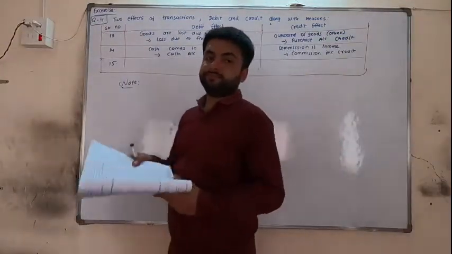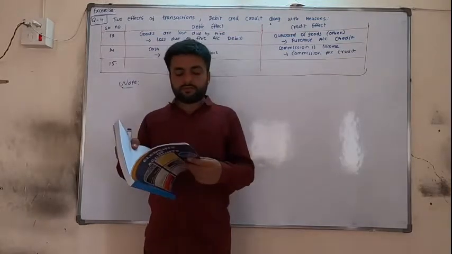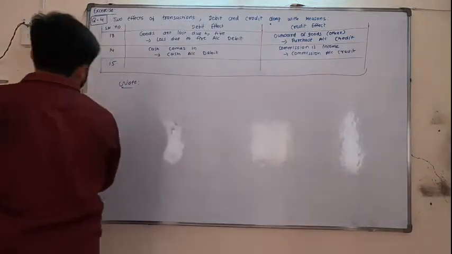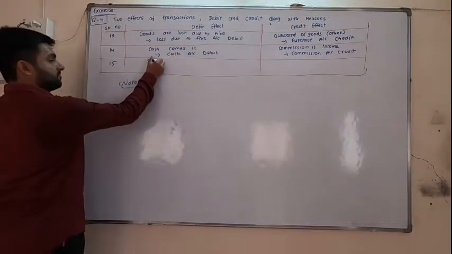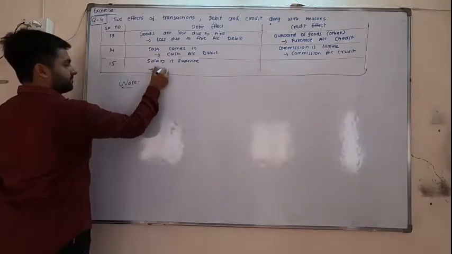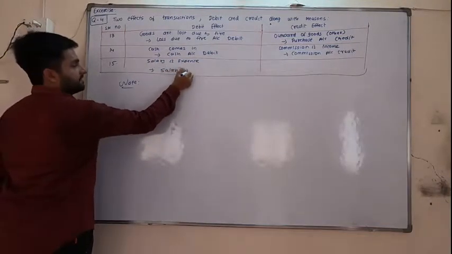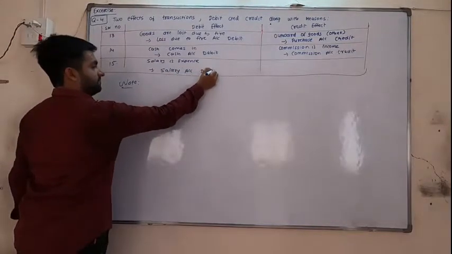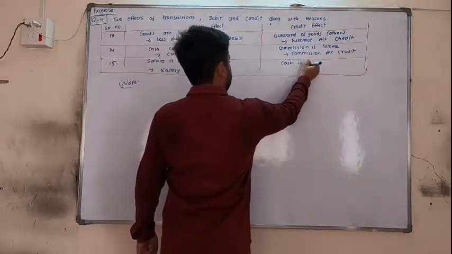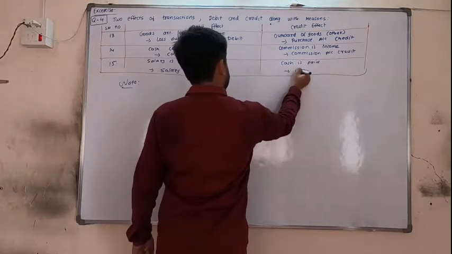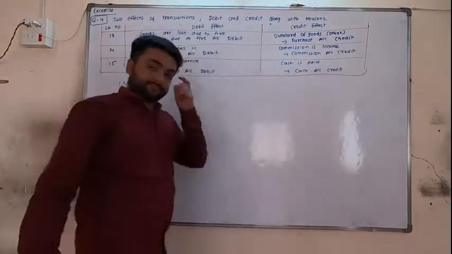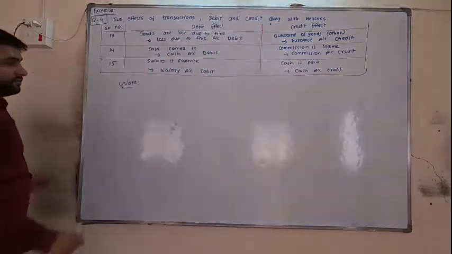Last, 2000 paid for salary. Paid means cash goes out and salary is the expense. Salary account debit. Cash is paid, cash account credit.